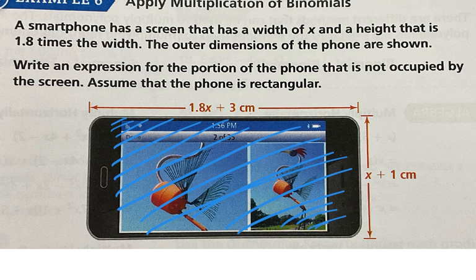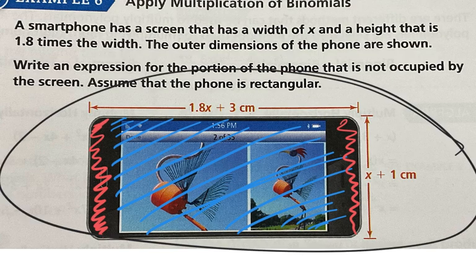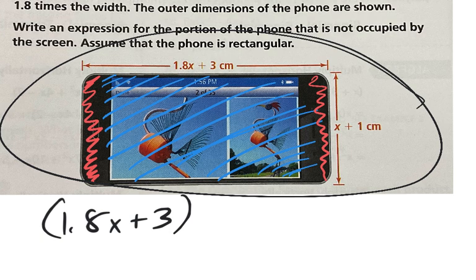And then we want to find this portion that's in red, the part where the screen doesn't cover. So how could I find the area of the whole thing? Multiply length times width. What's the length of the entire thing? 1.8x plus 3. What's the width of the entire thing?